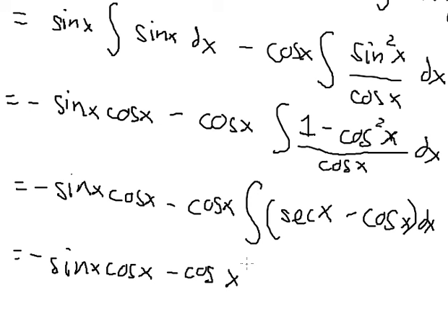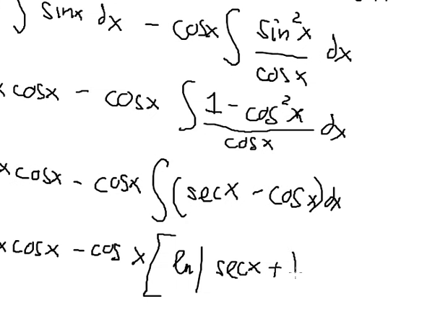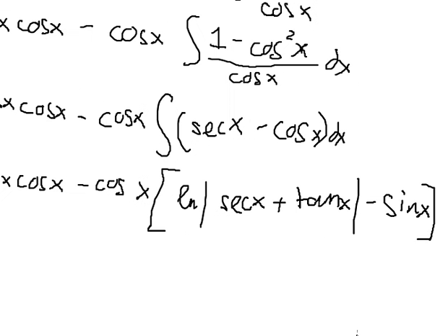Then the integration of secant of s gives ln of the absolute value of secant of s plus tan s. This one we have sin s. After we calculate this one, we can get the final answer.